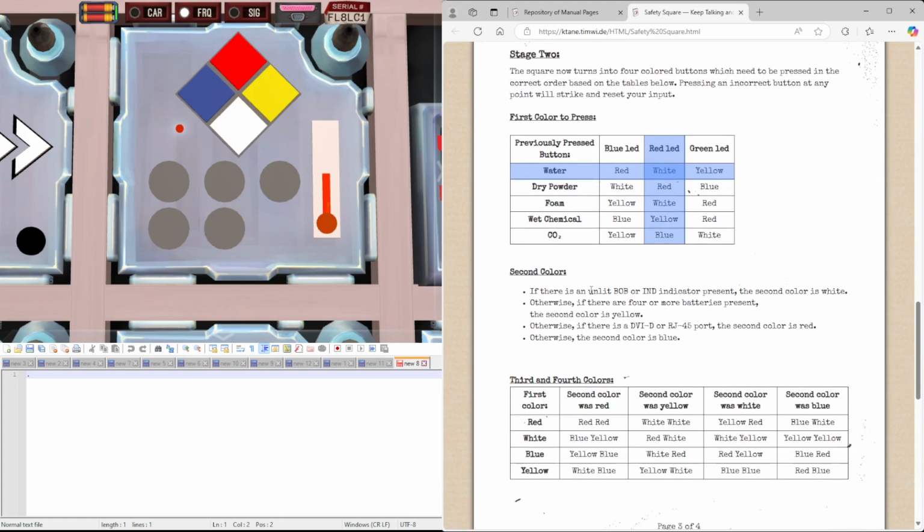Olive line D. No. 4 more batteries, no. DRJ, no. White, blue, yellow, yellow.